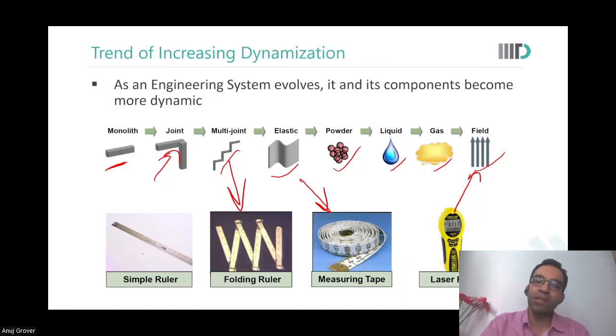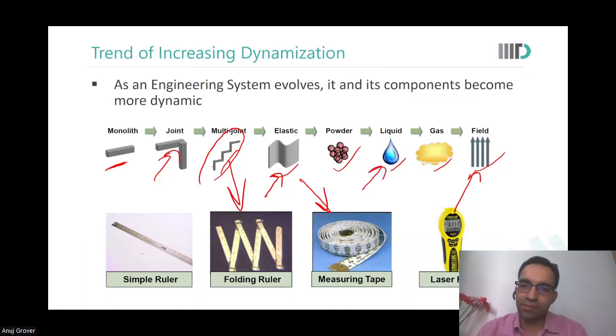Then multiple boxes बने तो multiple joints आ गए. Then you also see hammocks there, an elastic bed. You've also heard about water beds, inflatable beds. You realize all these versions of beds coexist even today.